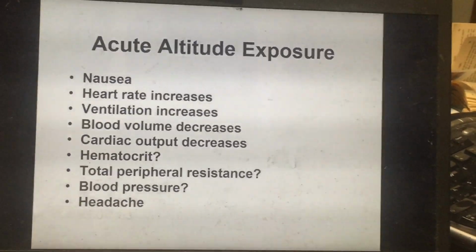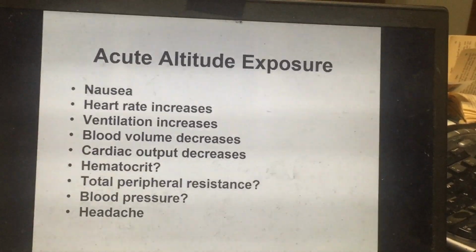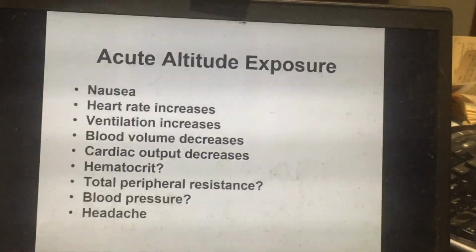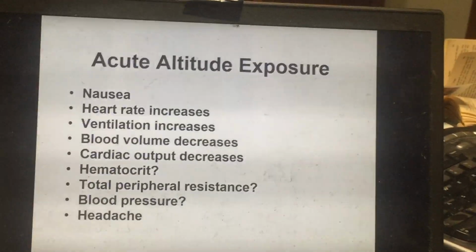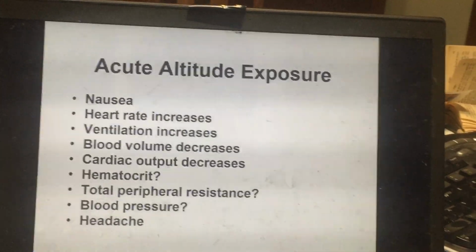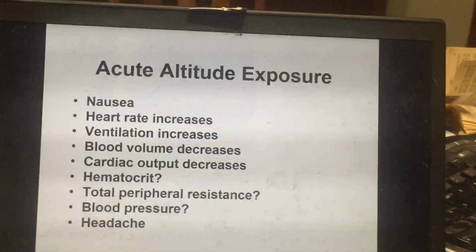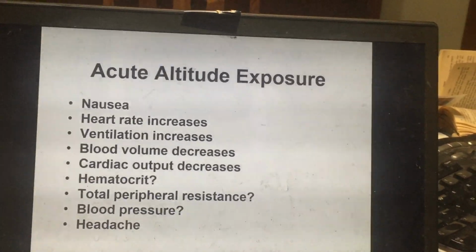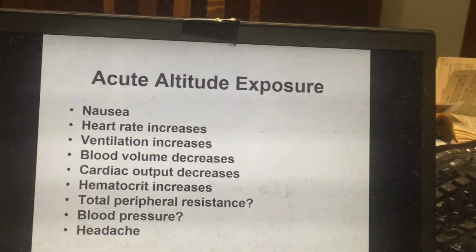Now, if you have a reduction in plasma volume, that means the percentage of red blood cells in your blood will increase, not because the number of red blood cells is actually increasing with acute altitude exposure, but because the fluid portion of the blood is decreasing. So the relative amount of blood cells in your blood increases, and you get an increase in hematocrit.